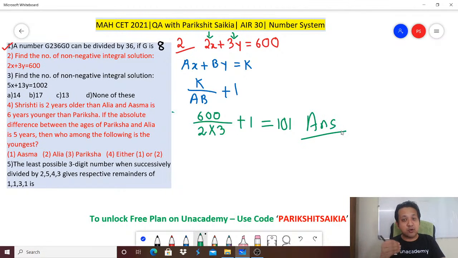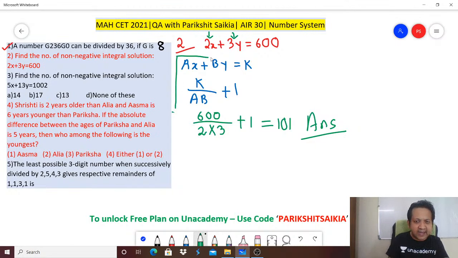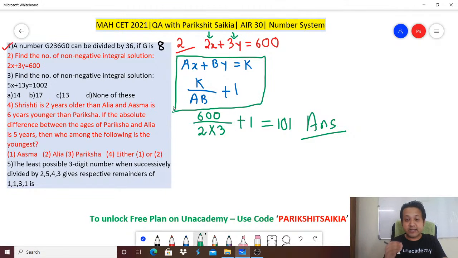So how many values of x and y will exist such that it will satisfy this given equation? There are 101 values. So the shortcut is k divided by ab, plus 1. I hope you got it. It gives you the number of non-negative x and y.